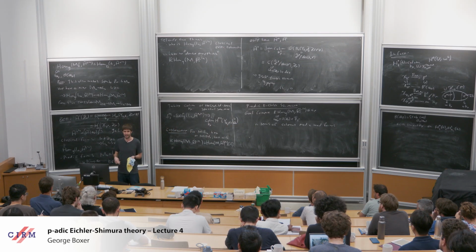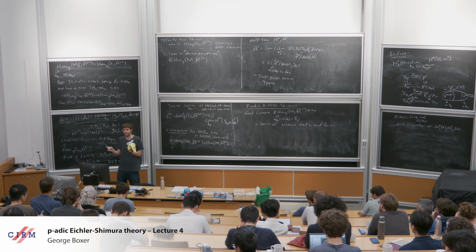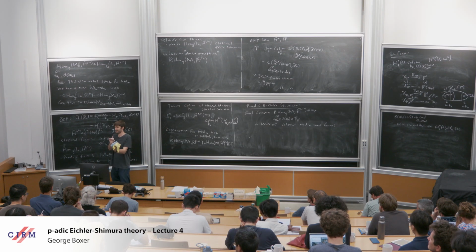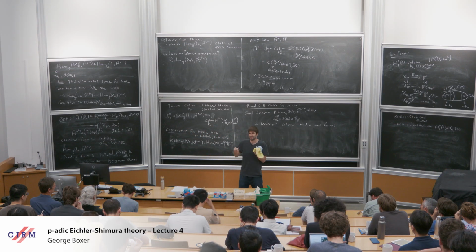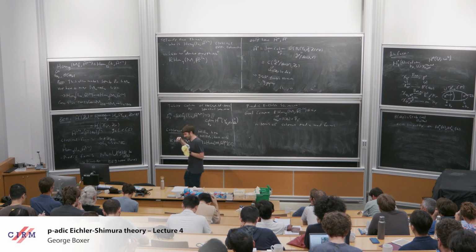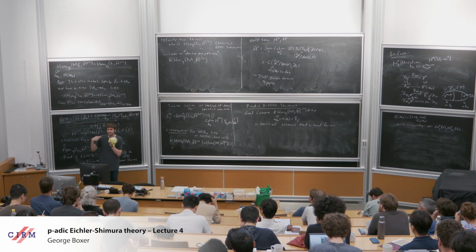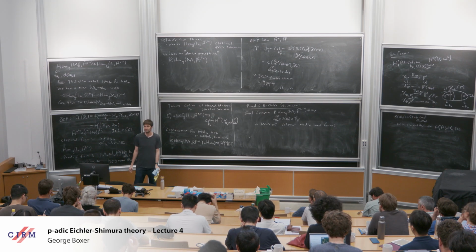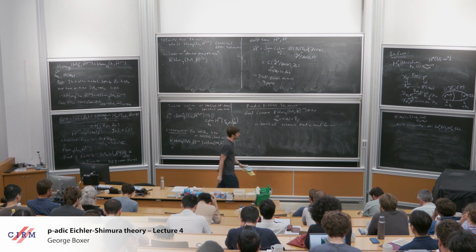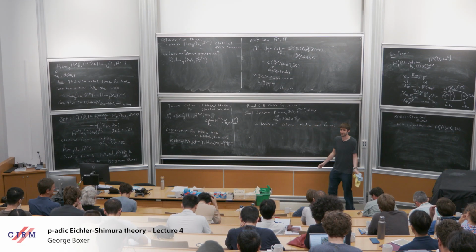Yeah, so it's legitimate to do this, although we'll do something a bit scarier later on. It's legitimate to do this because there's this theorem of Schneider and Teitelbaum that taking locally analytic vectors in admissible representations is exact. Okay? Any other questions? That was a good question.